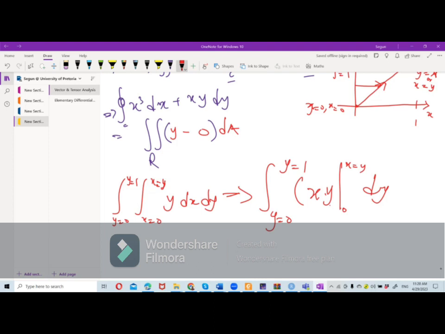When you substitute the value, remember we differentiate with respect to x first. You have y equals 0, y equals 1. Substitute this, you have y squared dy.